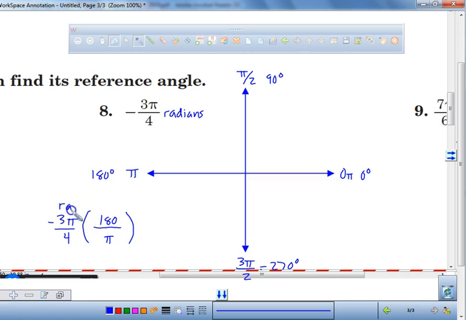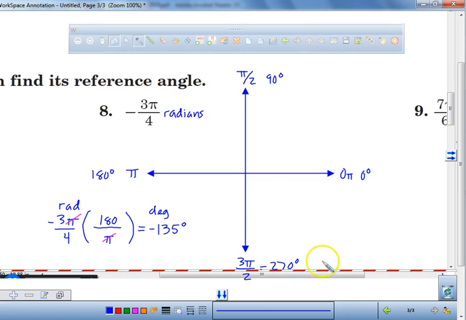And that will take us from radians to degrees every single time. Because these pi's will cancel out. And when they cancel out, what's negative 3/4 times 180? What does that eventually become? It becomes a negative 135 degrees.